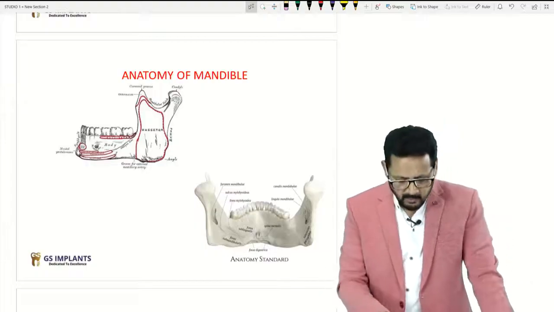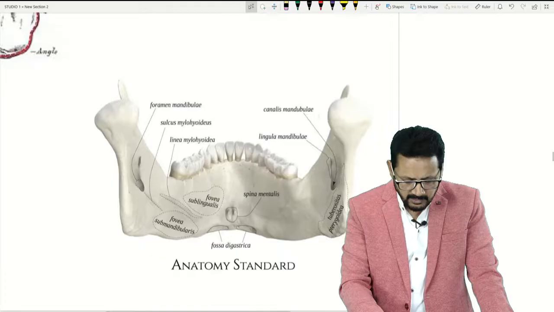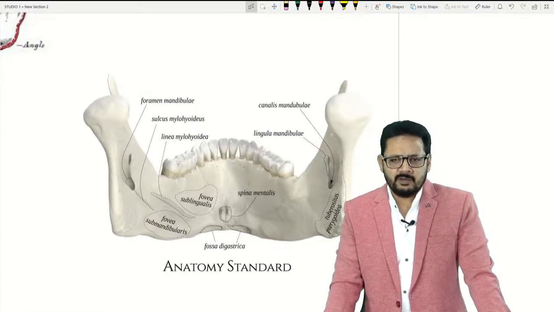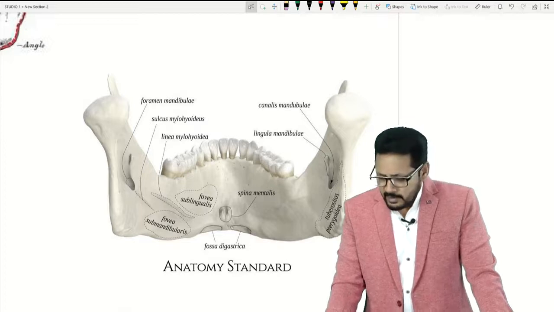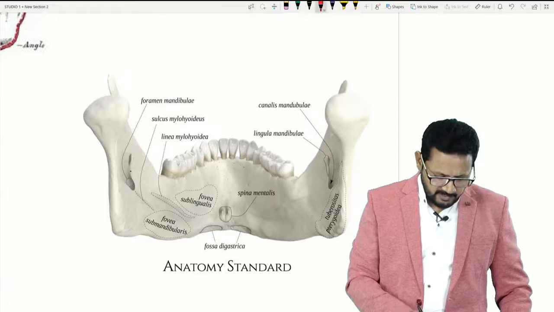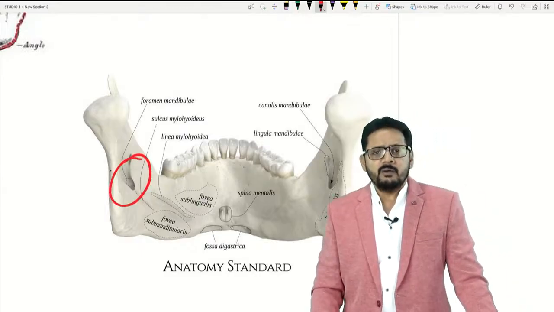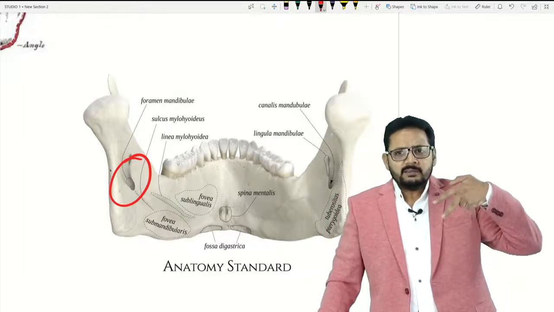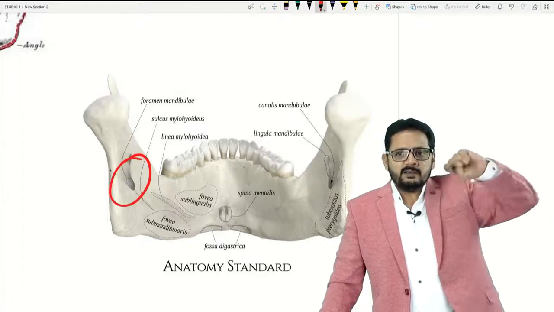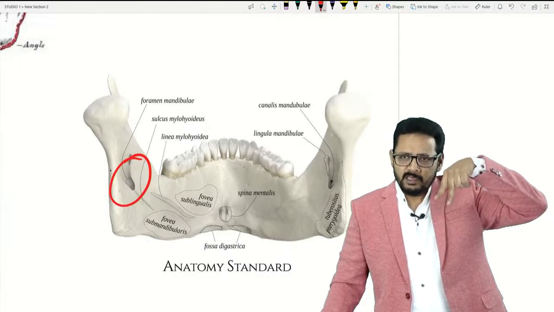Okay. Now, coming on to the lingual aspect of the mandible. A few things you have to understand here. All of you know the foramen where the inferior alveolar nerve enters. The mandibular nerve divides into two, the inferior alveolar and the lingual nerve.